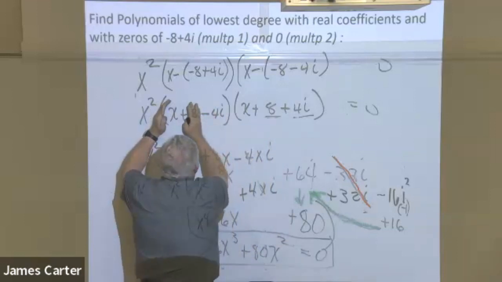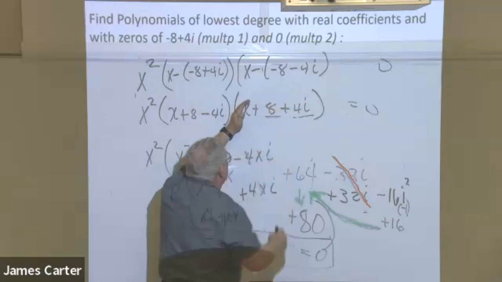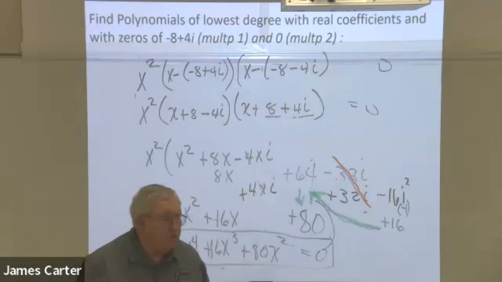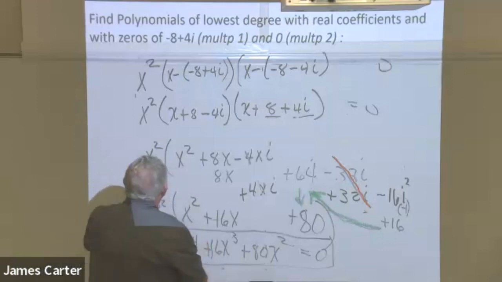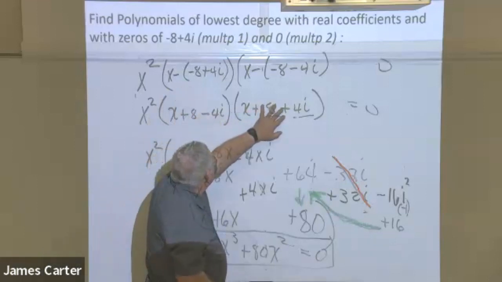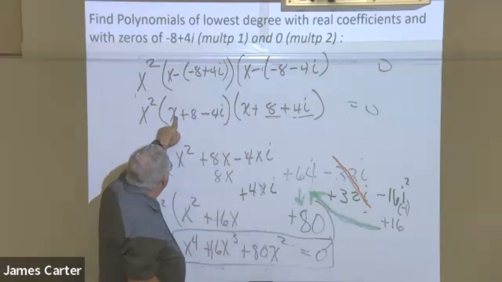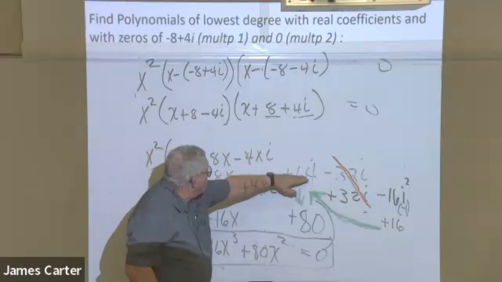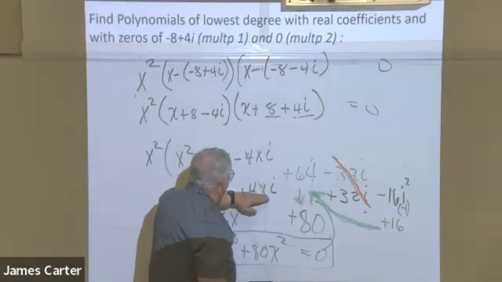I could have grouped these two, minus 4i, these two, minus 4 plus 4i, and used the conjugate rules, but it's real dangerous. So it's easier to just break these down into their 3 parts here and then do a triple distribution. Here's the distribution by x. Here's the distribution by 8. Here's the distribution by negative 4i.